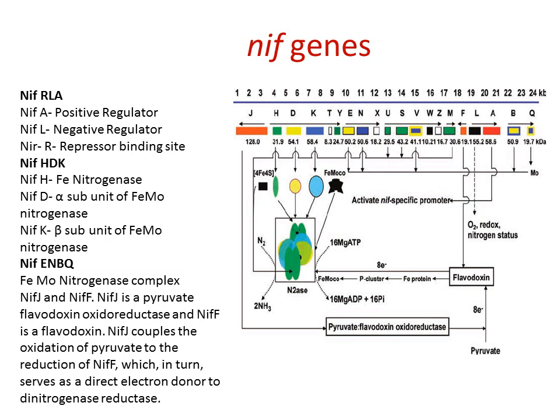So the main function of the J and F genes is the coding of the enzyme pyruvate flavodoxin oxidoreductase and flavodoxin. The NIF-J protein is involved in the oxidation of pyruvate, and also in the reduction of flavodoxin, which in turn serves as an electron donor for dinitrogenase reductase.